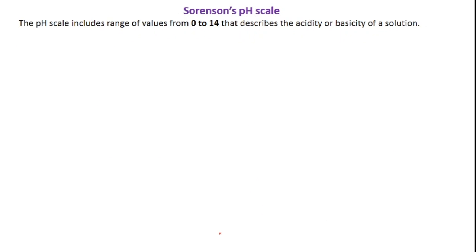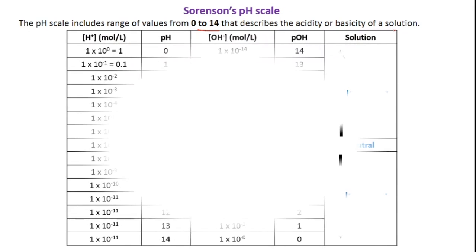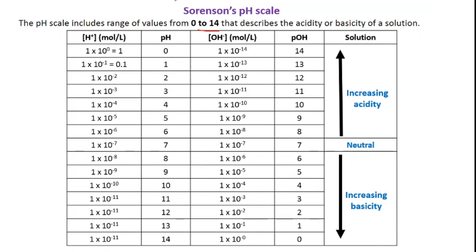Let us see some examples. The pH scale, Sorensen's pH scale, includes a range of values from 0 to 14 that describes the acidity or basicity of a solution. When the concentration of H plus ion is higher, the pH is very small and the solution is considered acidic.